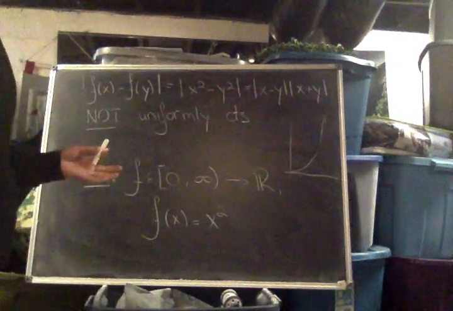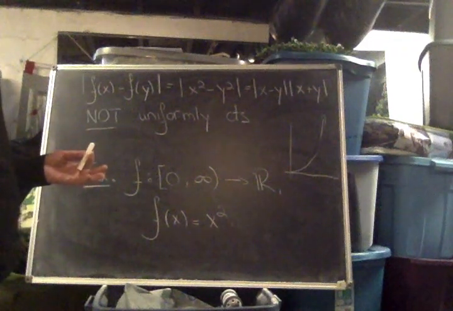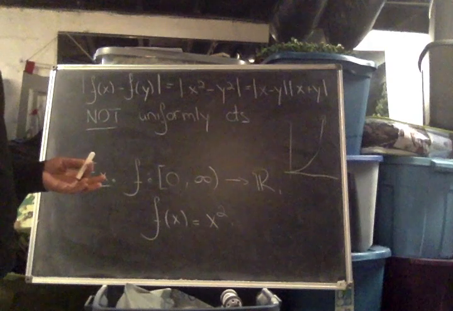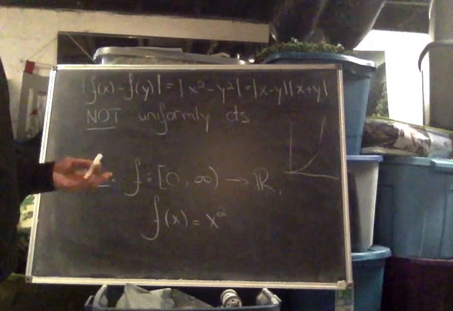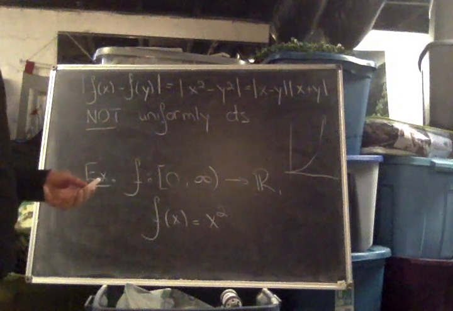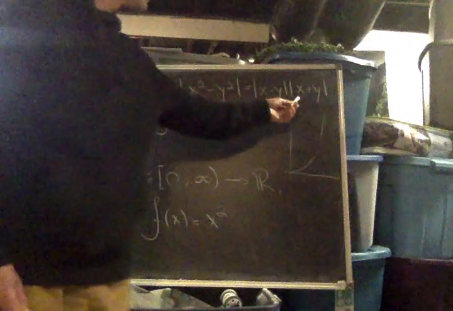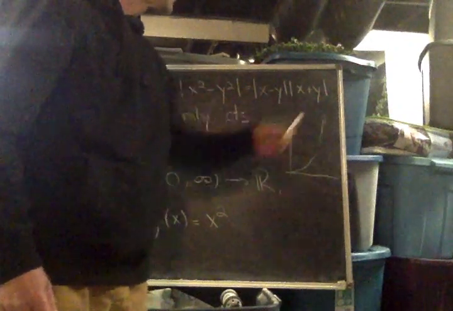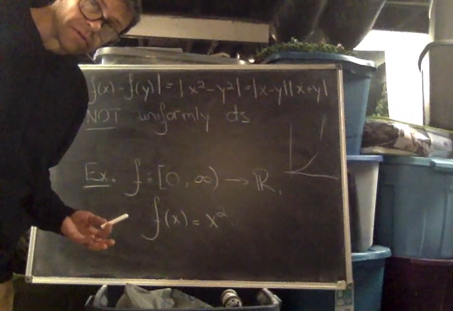But what I would like to point out also is that it is the behavior of the function, but it's also the fact that I can make x and y as big as I want, right? What if I couldn't make x and y as big as I wanted, all right?